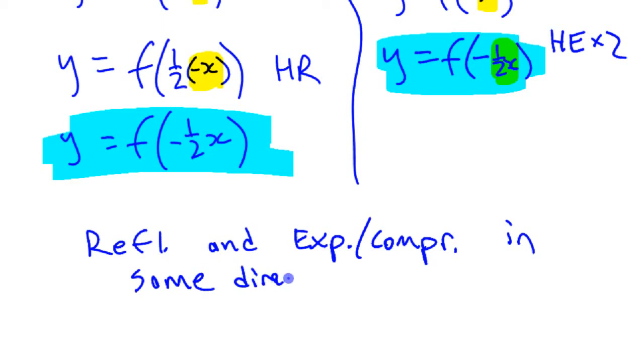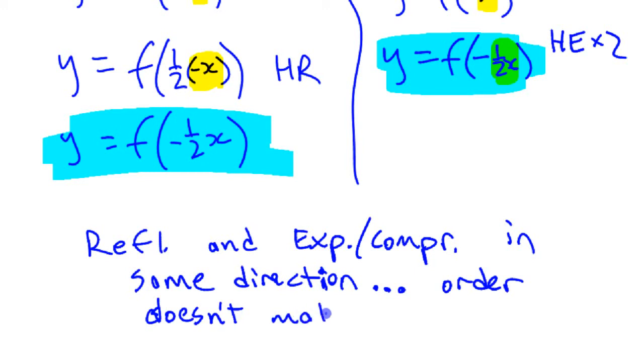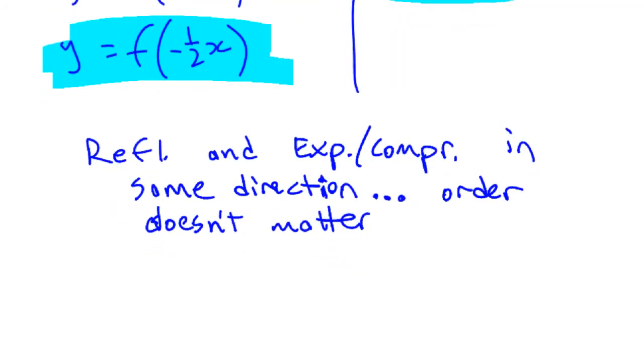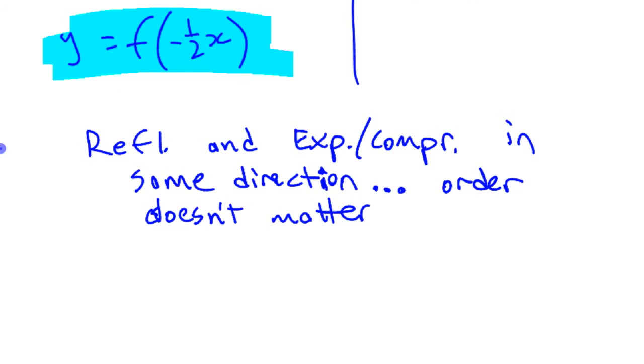Now that's just one example, but you'll find that any two you combine aren't going to make a difference. Expansion, compression, and a reflection in the same direction: order still doesn't matter. We did do a vertical one too, but you'll find that it works exactly the same way.